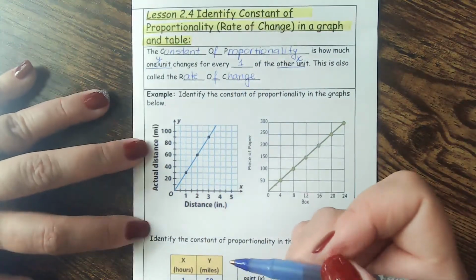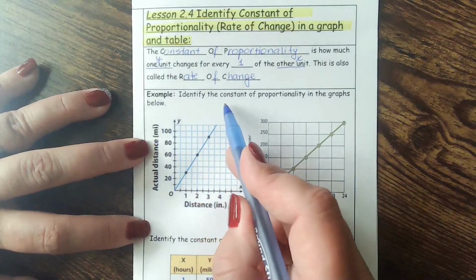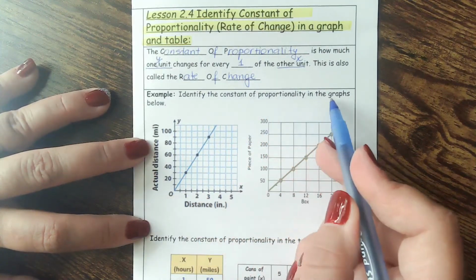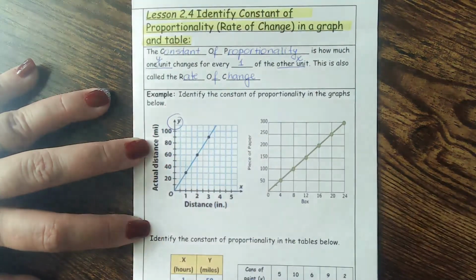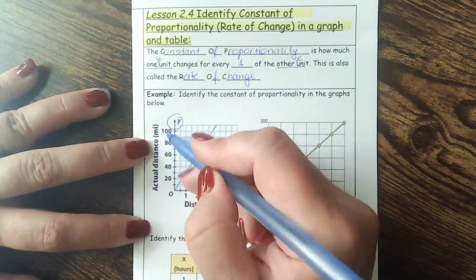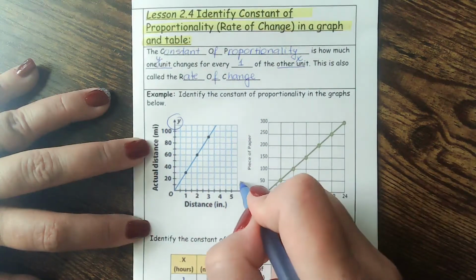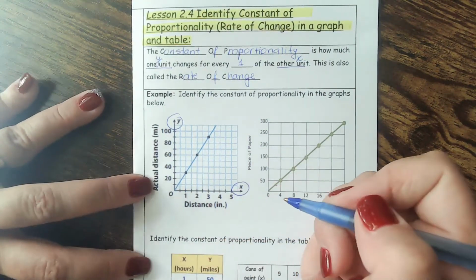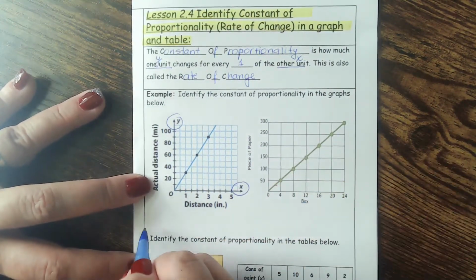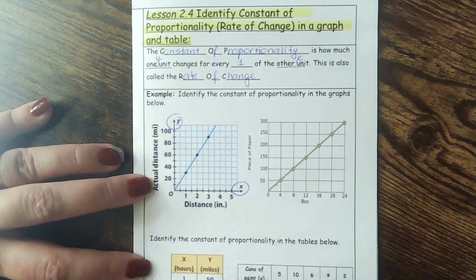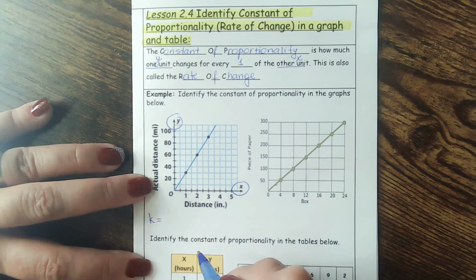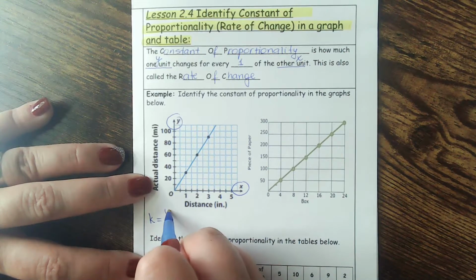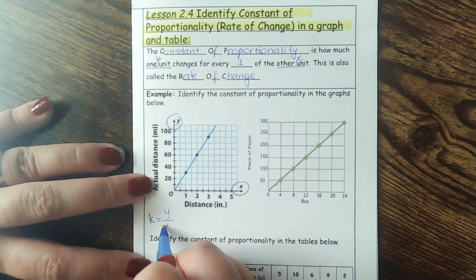For instance, if I have to identify the constant of proportionality in the graph, I have to look at the y-axis, and that will be my numerator, and then x-axis will be the denominator. We'll label the constant of proportionality k, and we're going to say that this is the change of y over x.